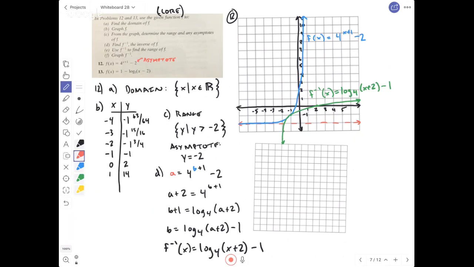And it has a red asymptote at x equals -2. Beautiful.